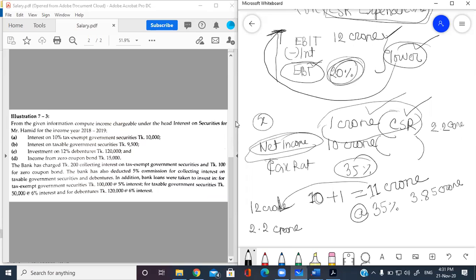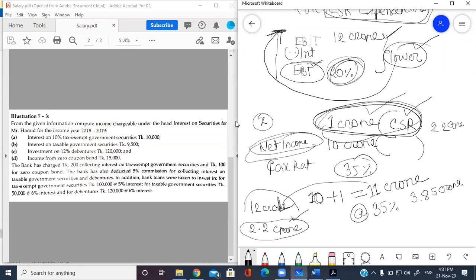So in this case, 2.2 crore is your eligible amount. But how much expenditure have you really incurred? 1 crore. That means the amount you have really spent is within the ceiling applicable for you.